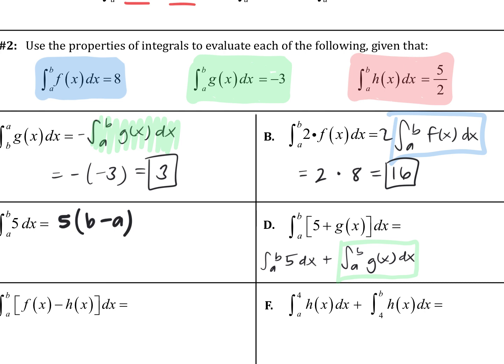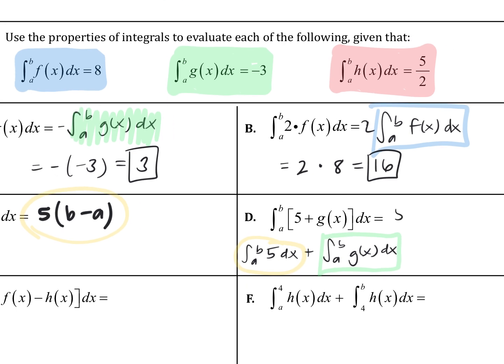And then we also know, we just found what the integral from a to b of 5 is. We just found that to be 5 times b minus a. So I can just plug that information in. So this is now going to become 5 times b minus a, and then minus 3. Yeah, we could simplify, distribute, but we can just leave this as our answer.